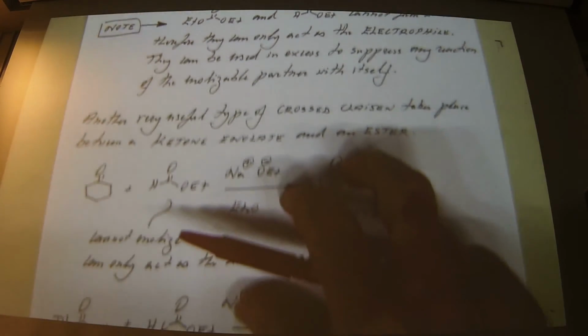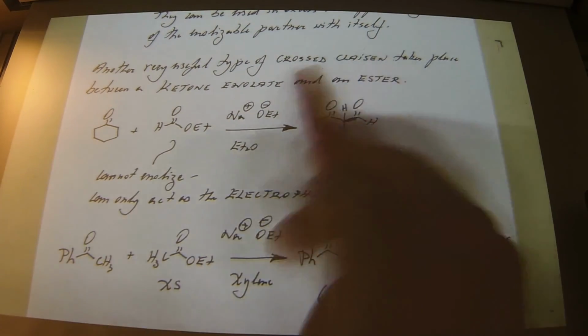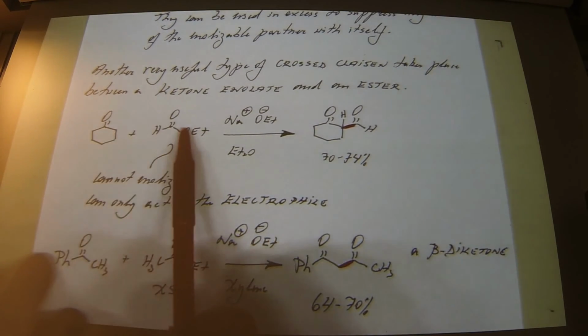And so the cross-Claisen reaction takes place now not between two esters, but between a ketone and an ester, which is also useful. So we've seen aldol reactions, aldehyde plus aldehyde or aldehyde plus ketone, Claisen reactions, ester plus ester, but there's nothing to stop us from doing this reaction of a ketone plus an ester.